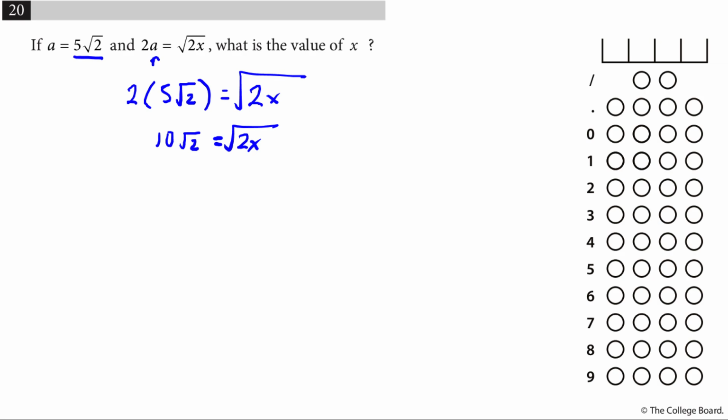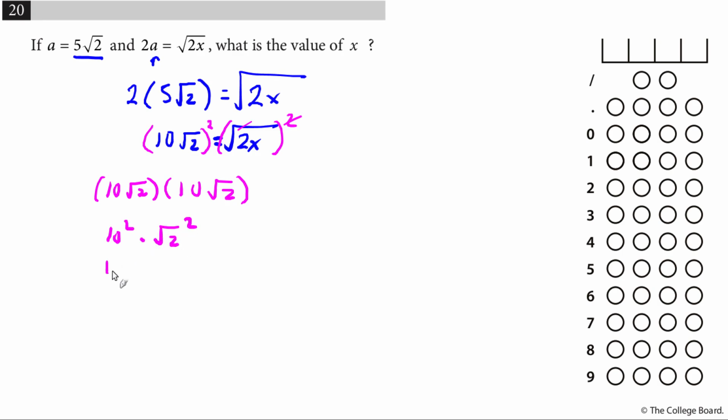Now, to get rid of the square root, I will square both sides. And that means I will square the 10 and square the root 2. So what's happening is I have 10 root 2 times 10 root 2, which really means I'm going to do 10 squared and I'm going to do root 2 squared. 10 squared is 100.